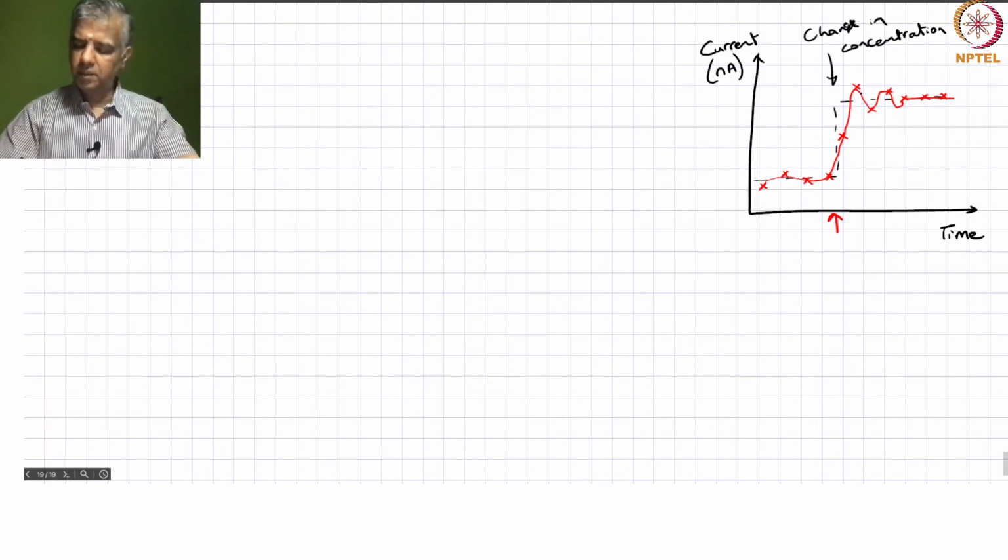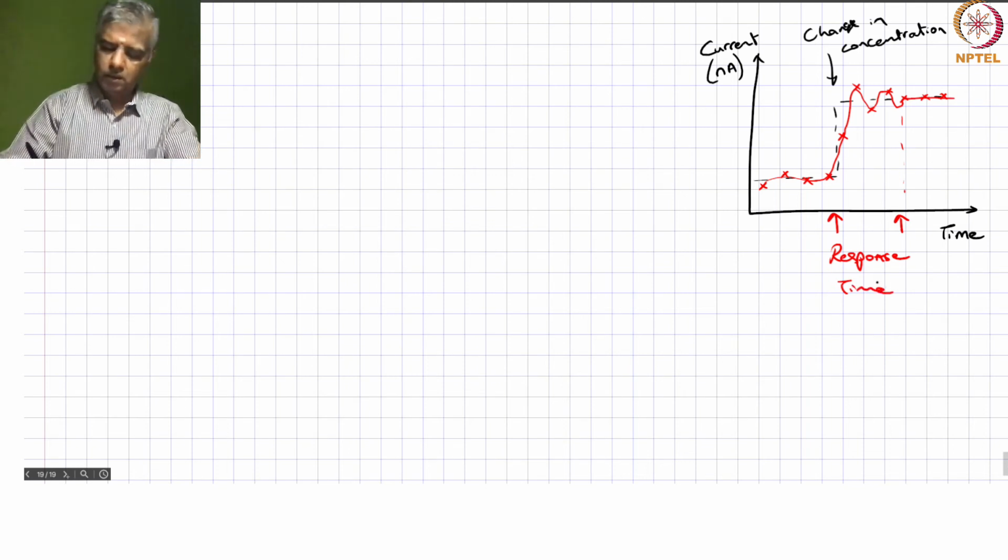Well, it basically oscillates around a certain value, and then finally it settles down to some steady state value. So you would say that at this point it measures a reliable number. This is what you call the response time.